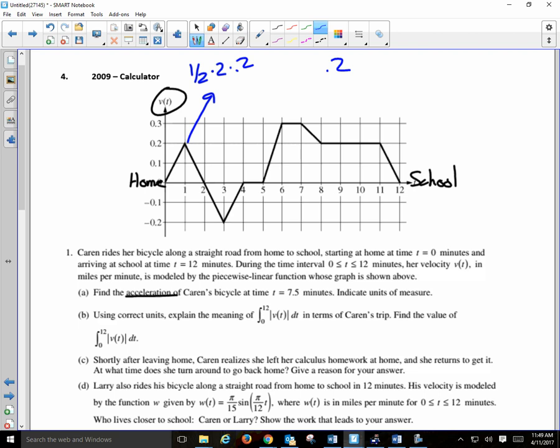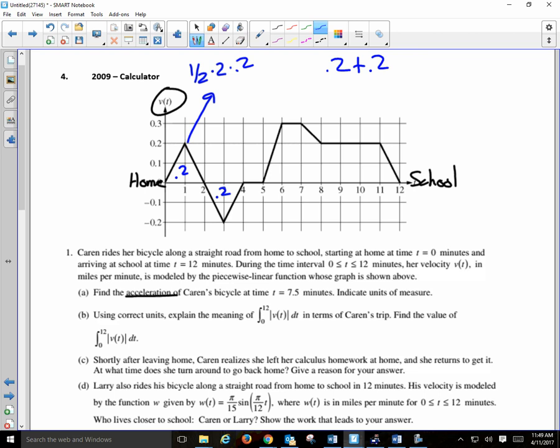She's going back. Here she's traveling to the right to school, and here she's traveling back towards home. She forgot something probably. Yeah, if you read on the problem, you find out she left her calc homework at home, so she had to turn around. So she's got 0.2 there, and she's got 0.2 there. And we're counting it as positive because, again, it's total distance.